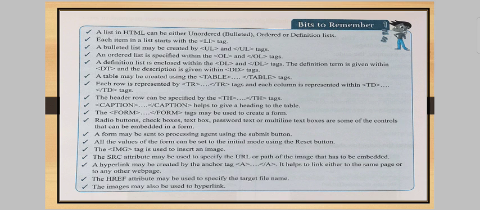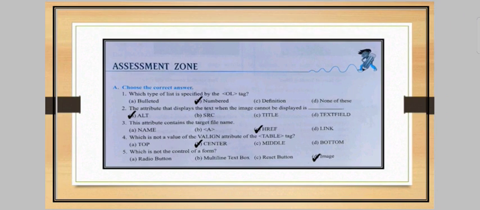Now move on to the question answer part. So first is choose the correct answer. Which type of list is specified by ol tag? Number tag. Next is the attribute that displays the text when the images cannot be displayed. Alt. Next is the attribute that contains the target file.